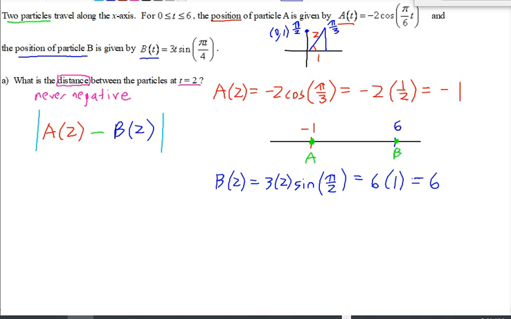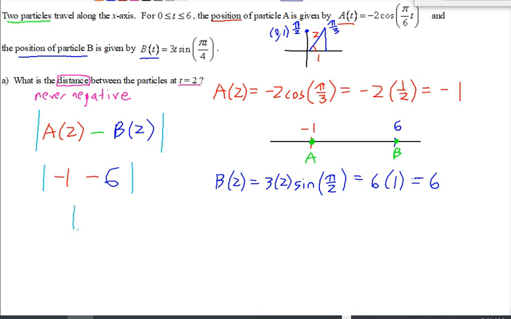Now here, visually, it's easy to see how far apart they are, the distance between them. But you can see mathematically, a of 2 is negative 1, minus b of 2 is 6. So notice if we hadn't put the absolute value signs on them, that would give us negative 7, which doesn't make sense. You can see this, the distance between them is actually positive 7, right? So that's why the absolute value can resolve that.